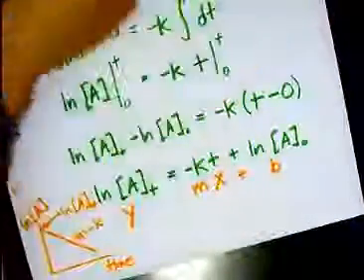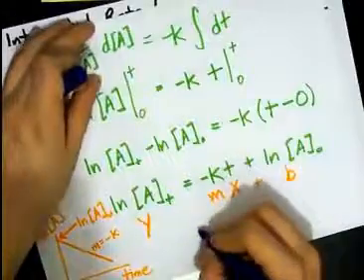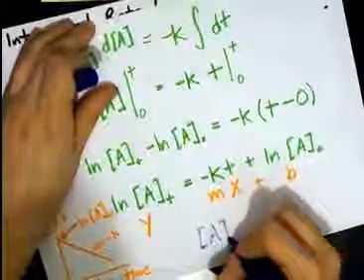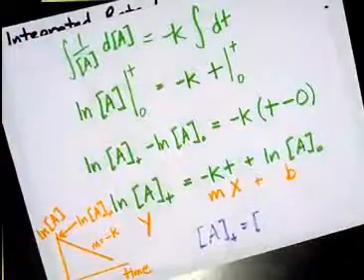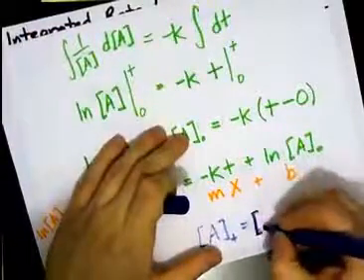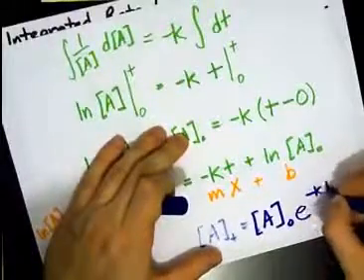I want to show you one more thing that only pops out in the first-order integrated rate law, and that is I could rearrange this another way to get A of t equals A naught e to the minus kt.